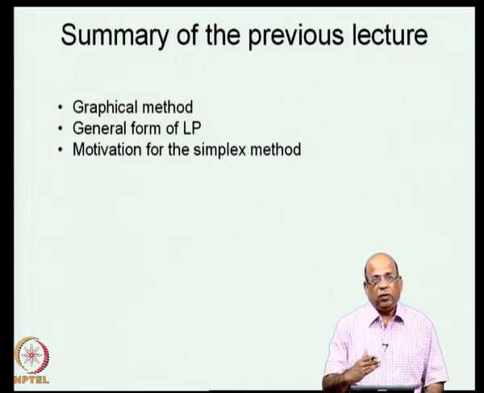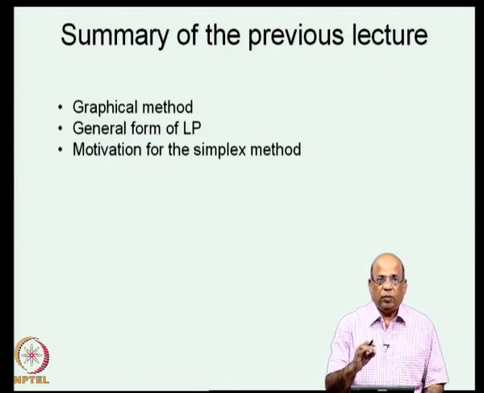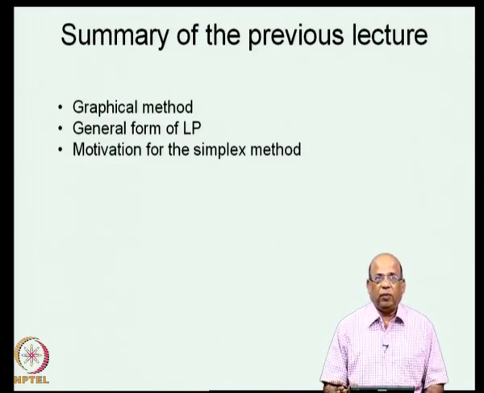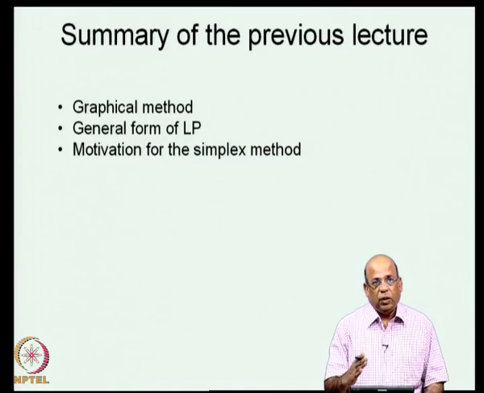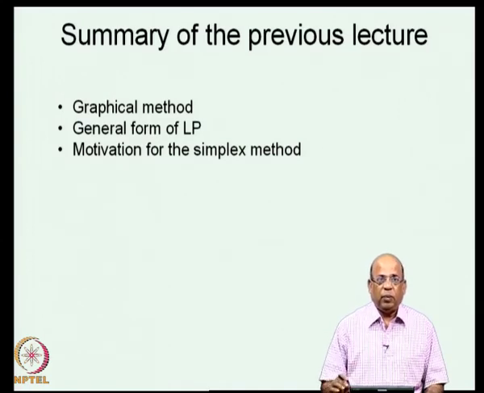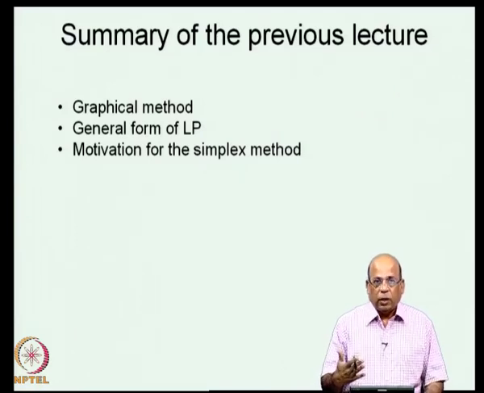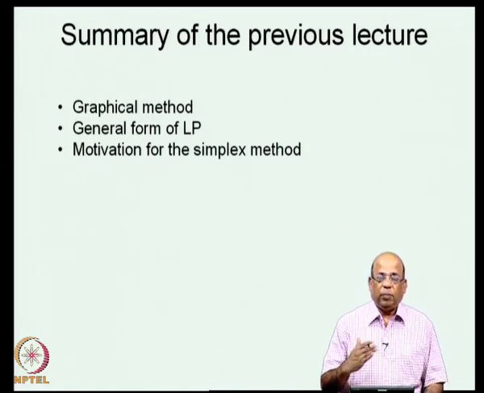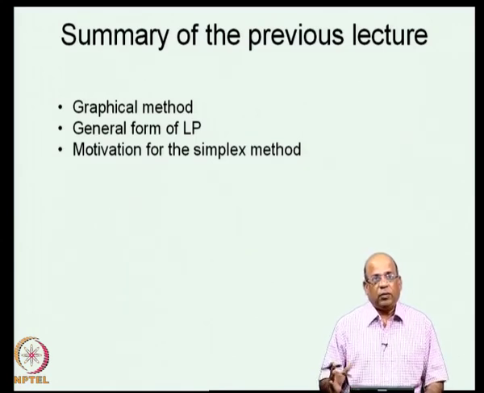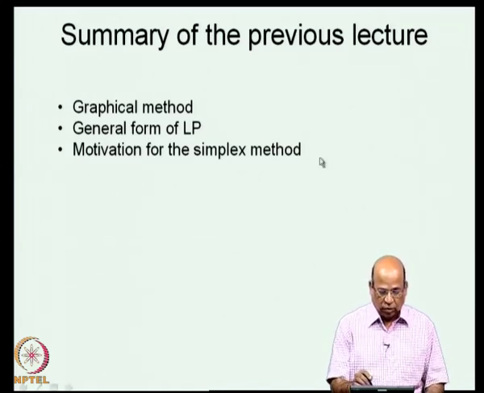So, we keep on increasing the z value until no further increase is possible without leaving the feasible region. That is the optimal solution. Much the same way we do it in the algebraic manner. We start with a solution and then keep improving the solutions until no further improvement is possible without rendering one of the constraints violated. So, that is the motivation for the simplex method.